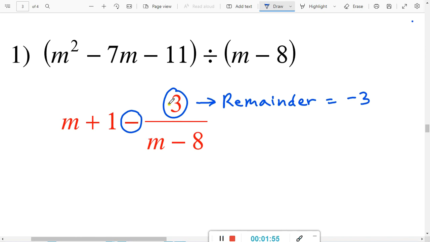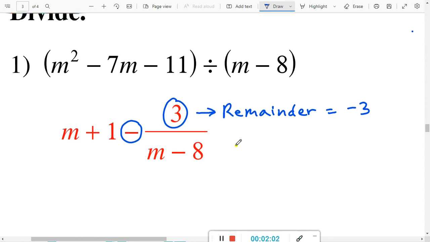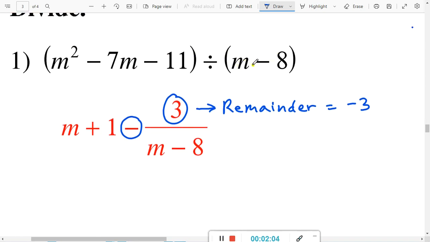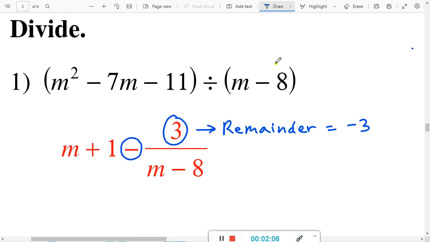Now there's a way to find this remainder without actually dividing, all right? And the way to do that is to plug in the opposite sign that you're dividing by here. So you see here we're dividing by m minus 8. And what we're going to do is plug in x equals 8.